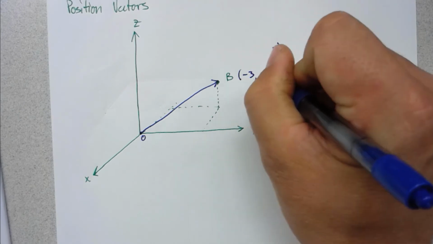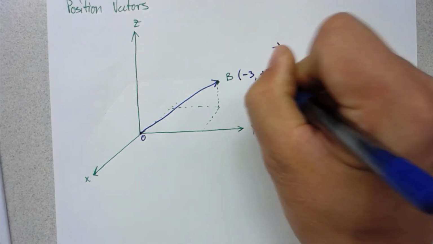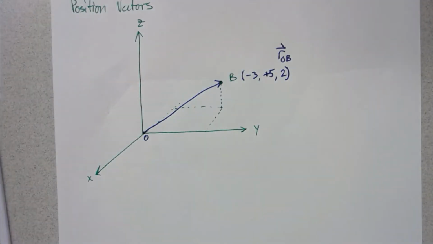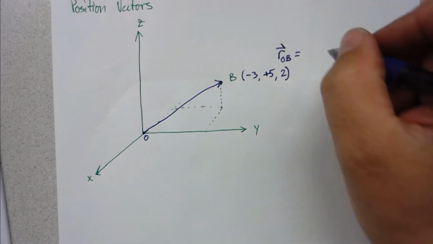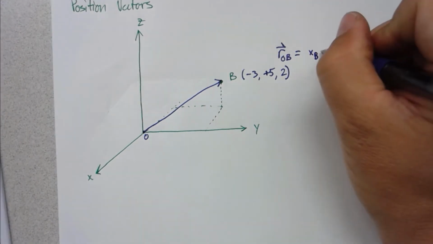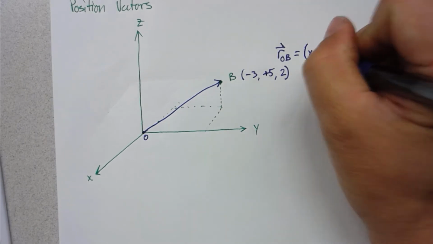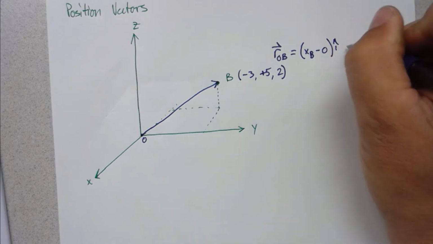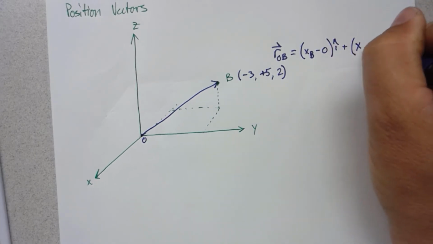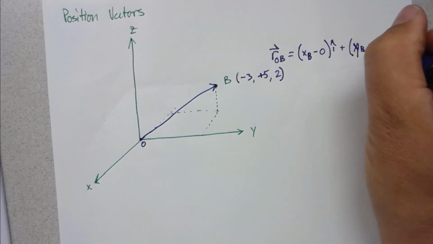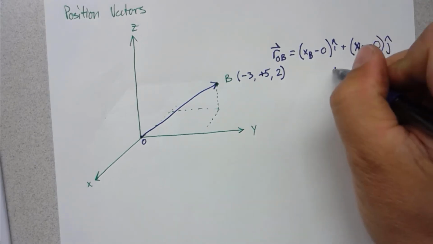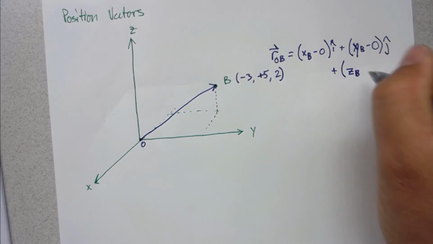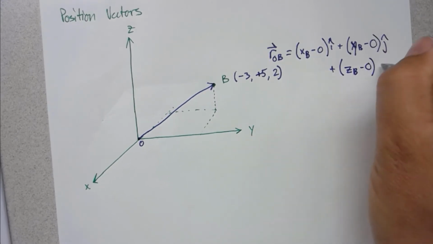Okay? And if B has coordinates something like -3, 5, and 2, we can pretty quickly come up with the position vector R, O to B. The way we do that is we say the x position of B minus the position of the origin in the I hat direction, plus the y position of B minus the origin, which is 0, j hat, plus the z position of B minus 0, because it's at the origin, k hat.